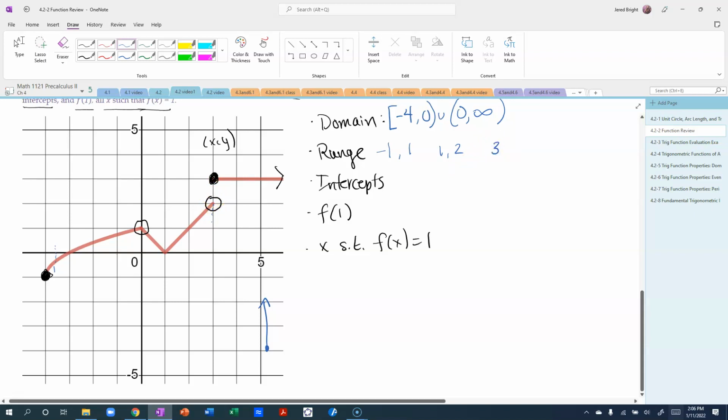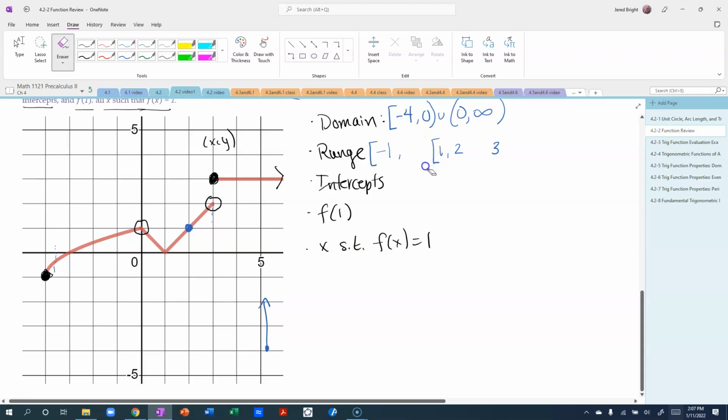Okay, now let's think include or exclude. Negative 1 is included because it has a solid dot. Now at 1, I have a hole, but then there's this other thing over here, right? If there's not a hole or dot indicated, we imagine that there's a solid dot. So that is actually included, in both those cases.